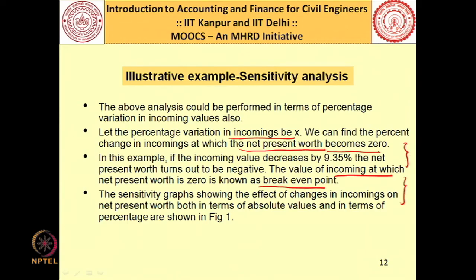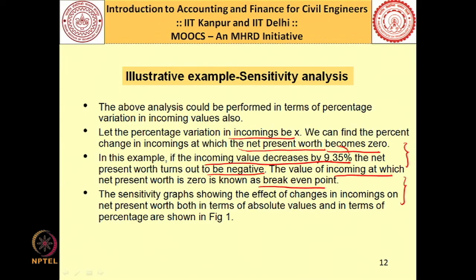Instead of finding the changes in terms of absolute value, you can also find the changes in terms of percentage. So, for example, you can very well find that if the incoming value of 100,000 decreases by 9.35%, the net present worth turns out to be negative.